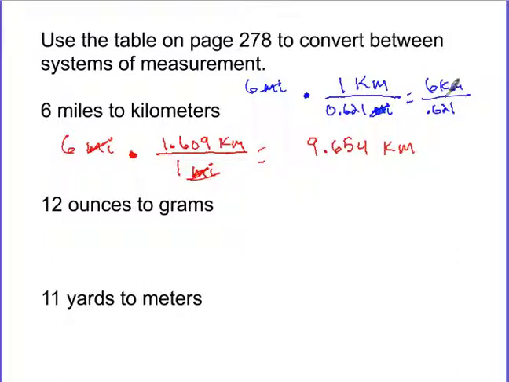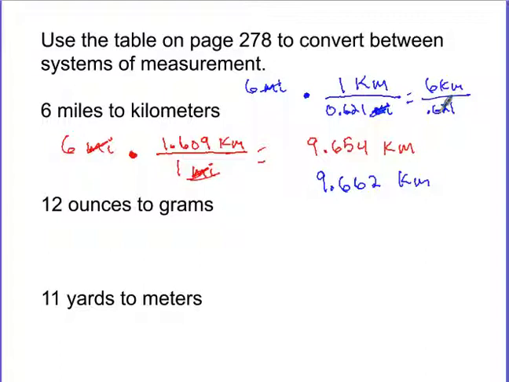I want a unit rate, though. I want this to be a 1, so you need to divide. What's 6 divided by 0.621? 9.662, rounding to the nearest thousandth. So there are 2 different ways we can make this conversion, and that's what makes this part just a little bit more confusing.